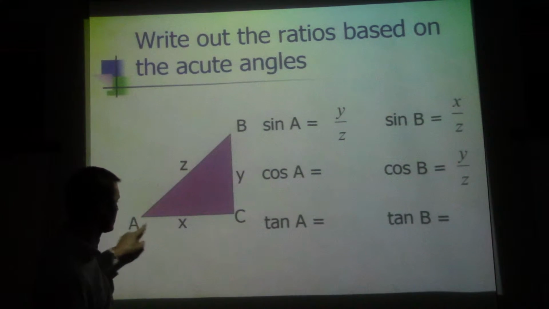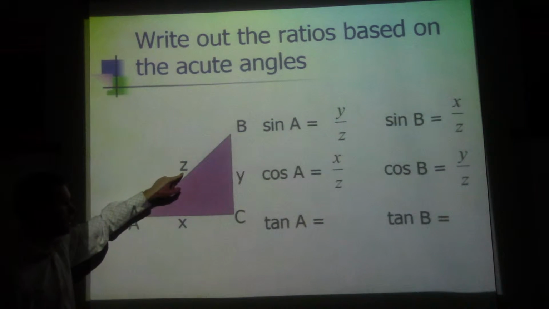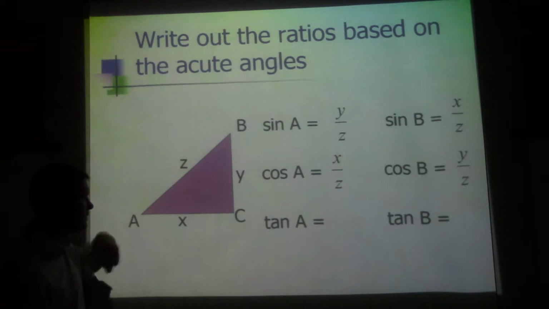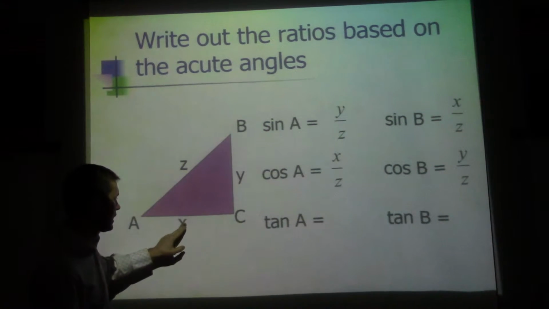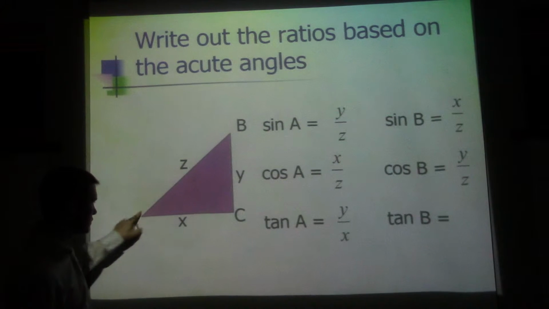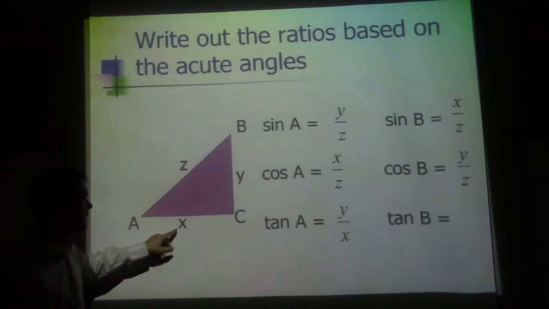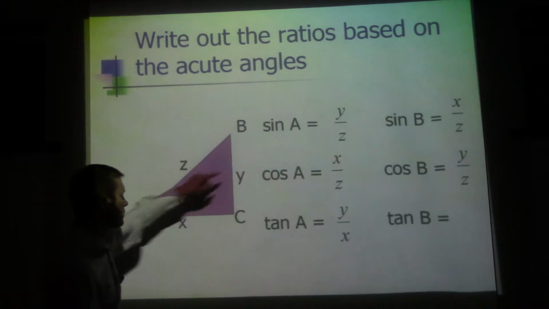Cosine of angle A is adjacent x over the hypotenuse z. And then tangent B, which we did yesterday, would be opposite x over adjacent y. Tangent A is opposite y over adjacent x.